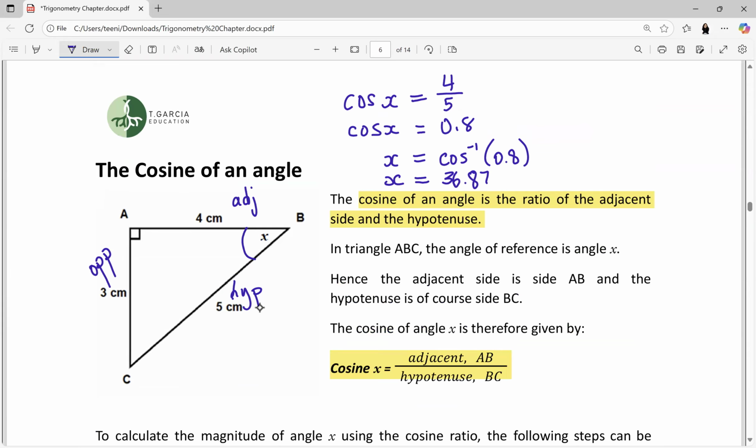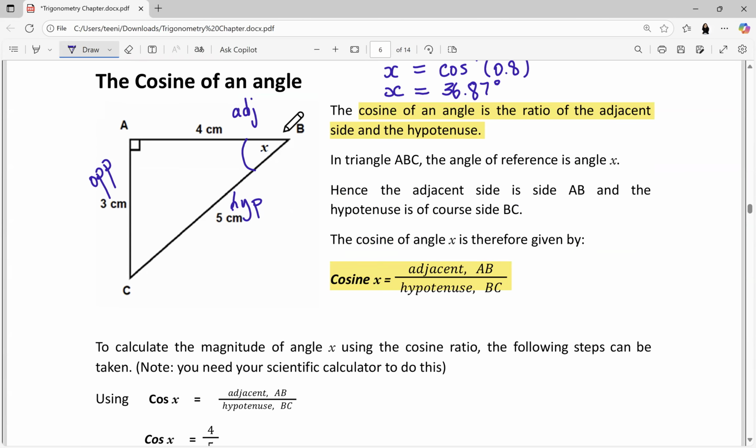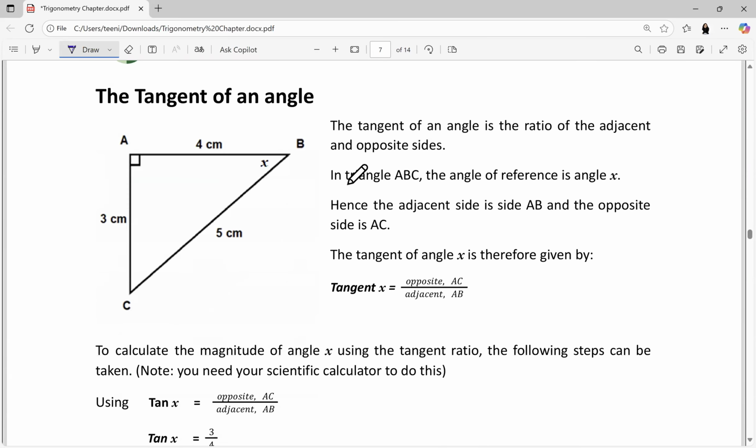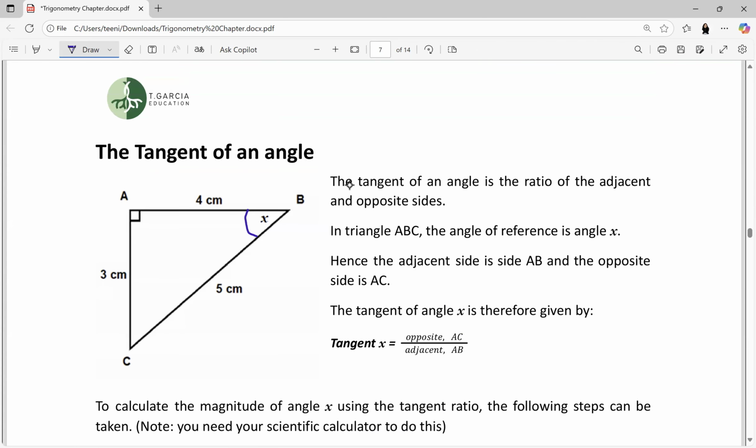So it doesn't matter which ratio I use, this angle is going to be equal to the same thing because it's the same triangle. And finally, if I wanted to use the tangent to find angle X, I'll do the same thing.